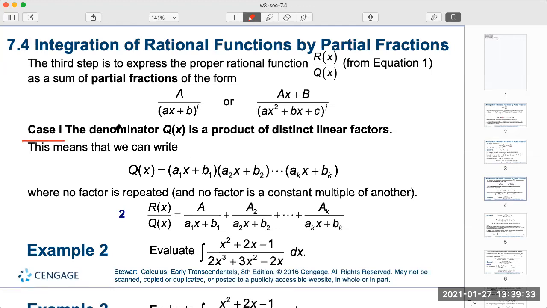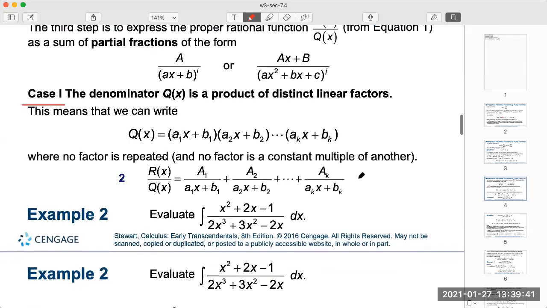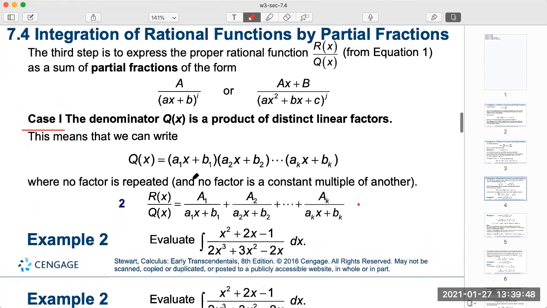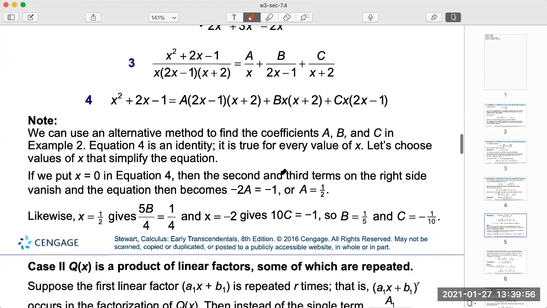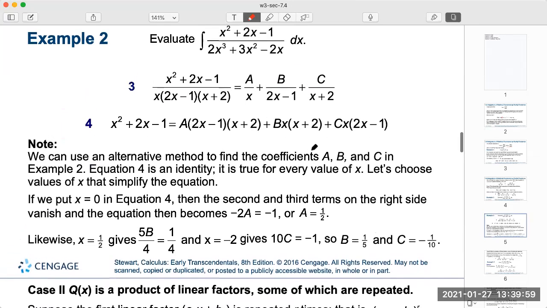Case one: if the denominator Q(x) is a product of distinct linear factors, we can write the function f(x) equal to P over Q in this form. That is the first case we study, and there are some tricks to find this expression.